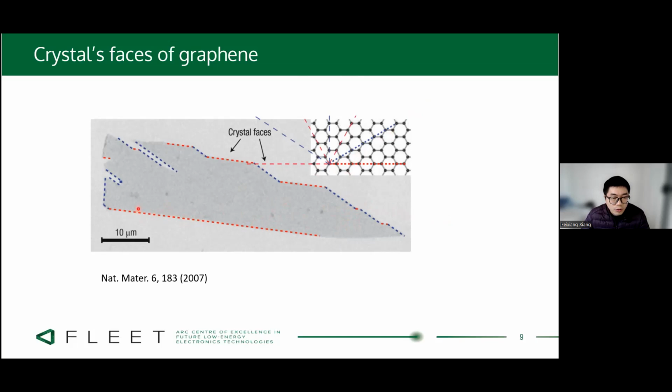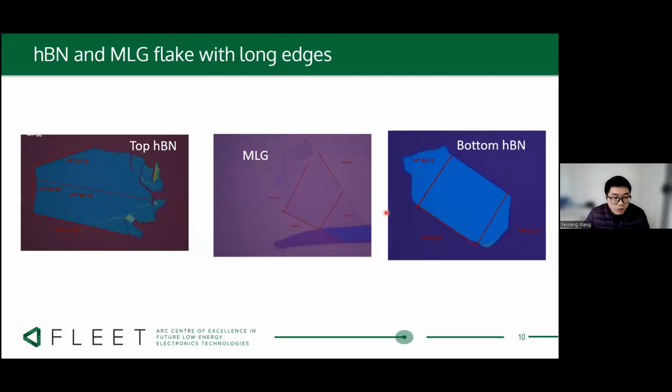In the optical image or the SEM image, we can see very long edges. These crystals or flakes we exfoliate, we found very long edges for this top hBN and this monolayer.